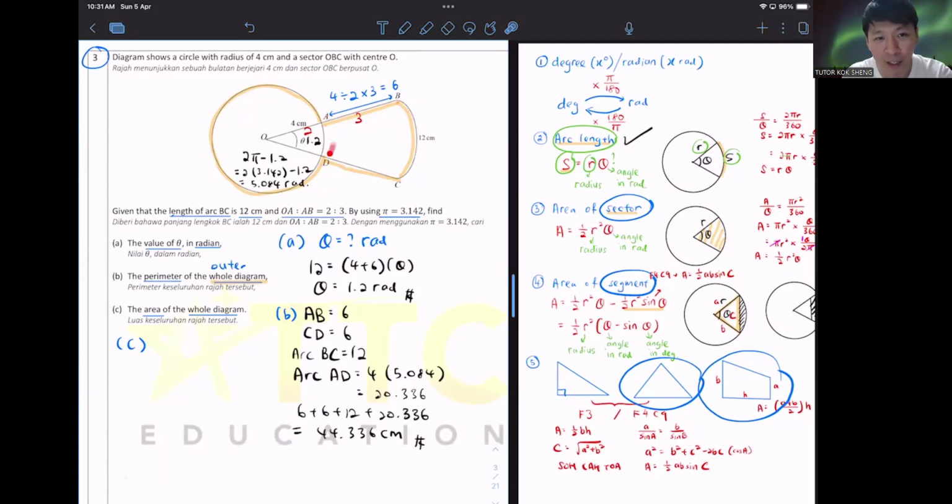It's a weird shape. So I'm going to split like this. I go for this sector. It looks like Pac-Man, right? Pac-Man, also called a sector, plus the other sector BOC. It will be easier for you.